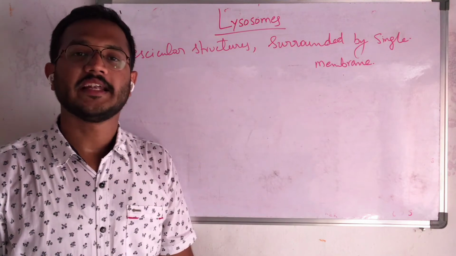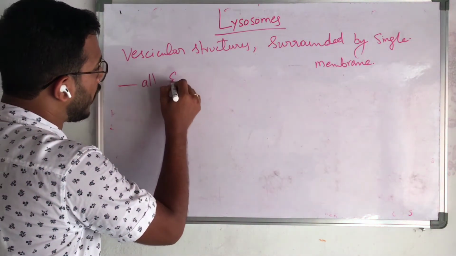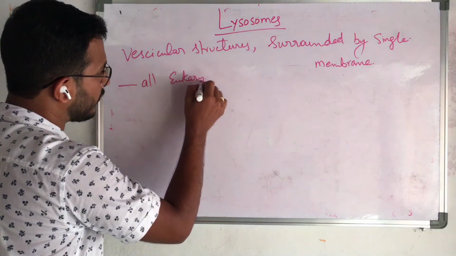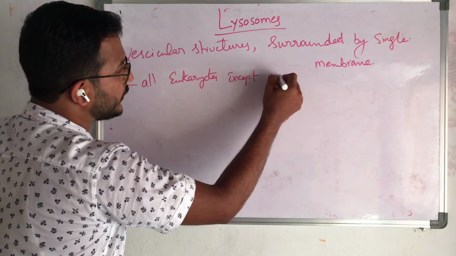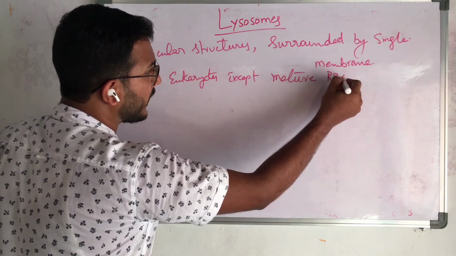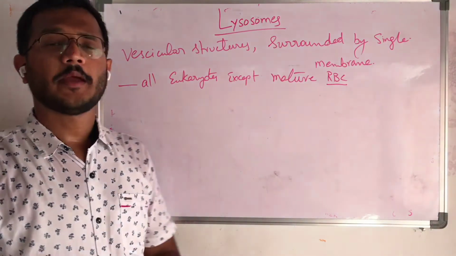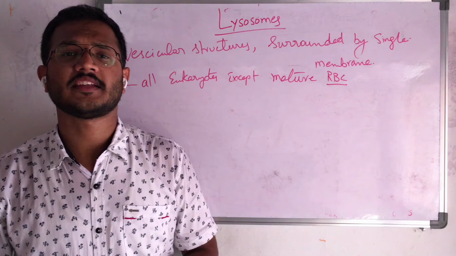Lysosomes are present in all eukaryotes, except matured RBC. As you know, red blood cells at early stages have a nucleus and all other cell organelles.